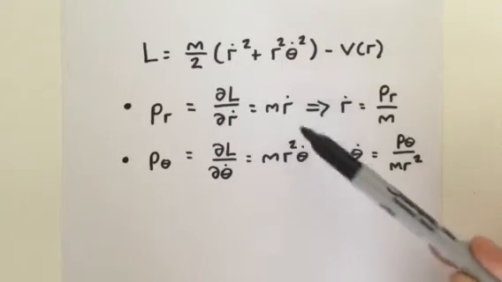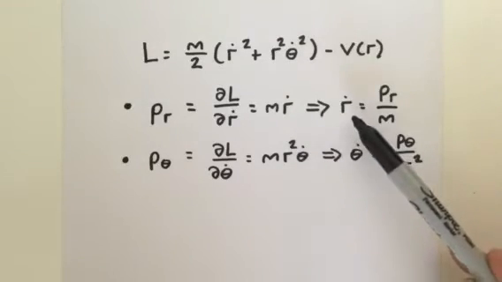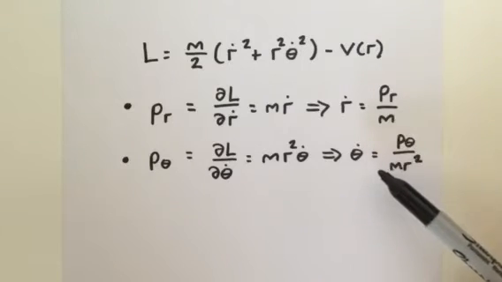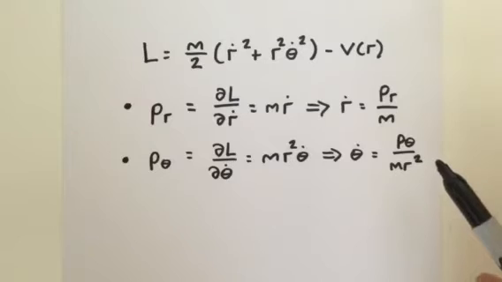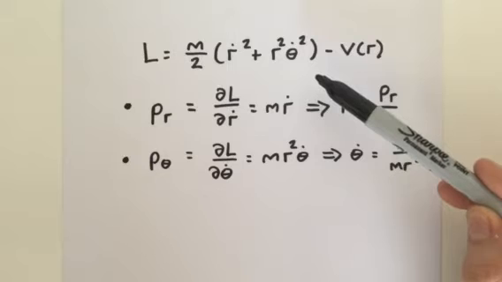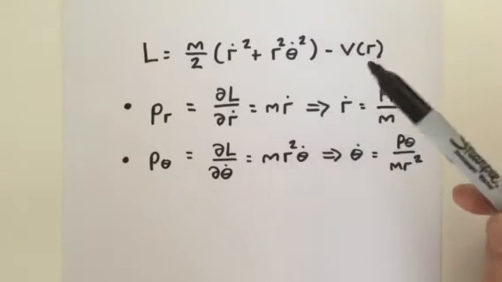That gives us mṙ and mr²θ̇. We can rearrange to get ṙ = p_r/m and θ̇ = p_θ/(mr²). We derived this Lagrangian in the last video, where we looked at the Lagrangian for a particle in circular motion in polar coordinates.